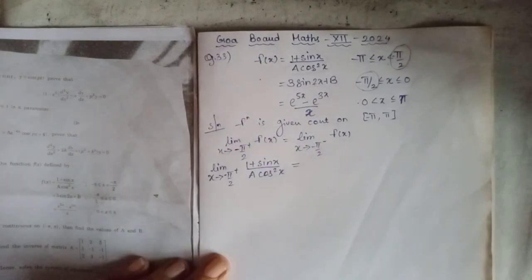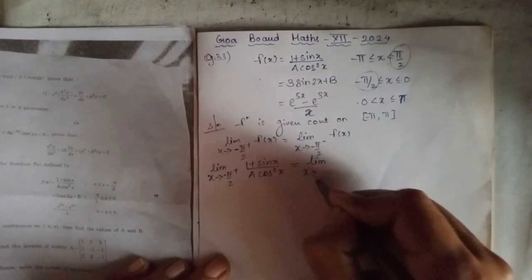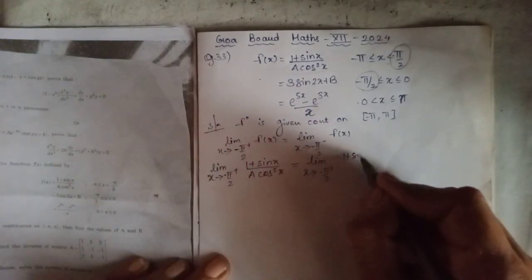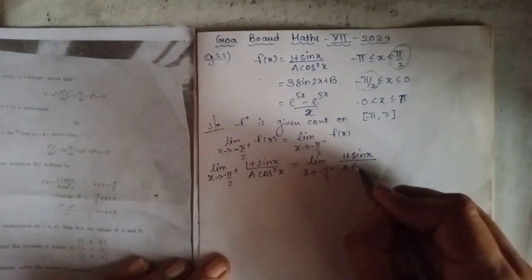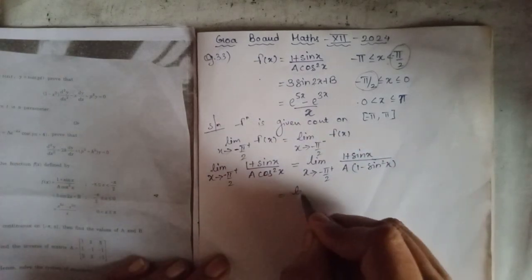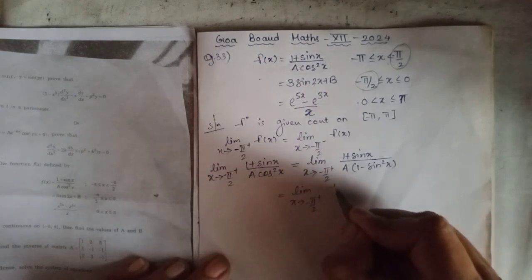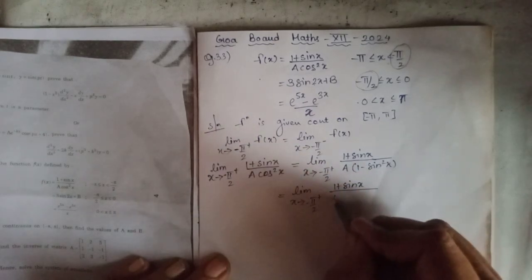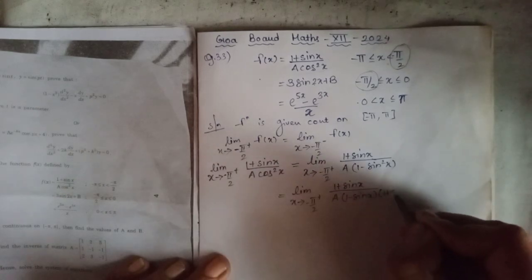We can write cos square x as 1 minus sin square x, which is of the form a square minus b square, so it becomes a minus b, a plus b.